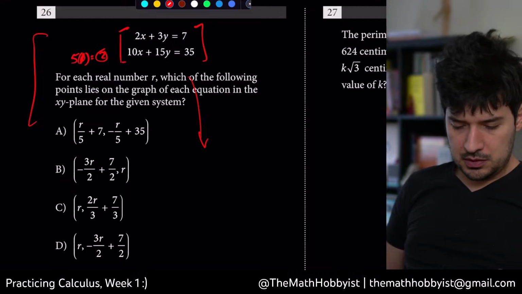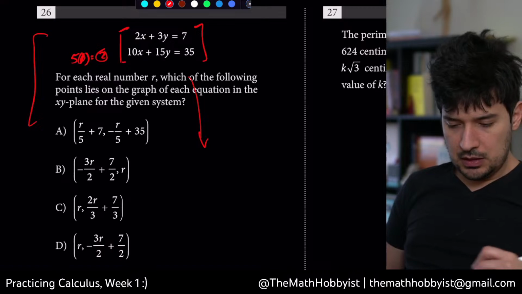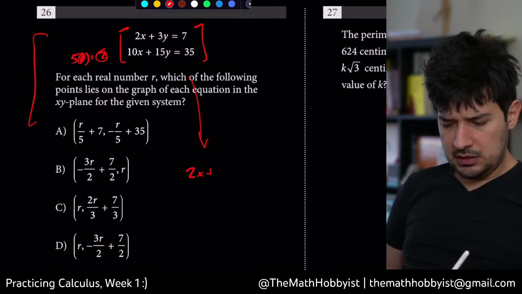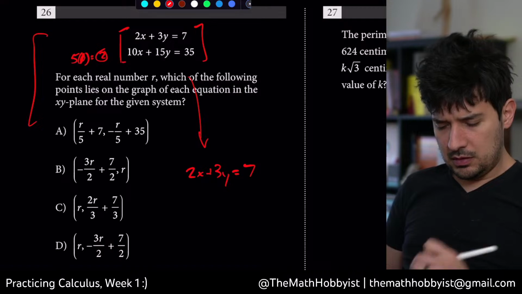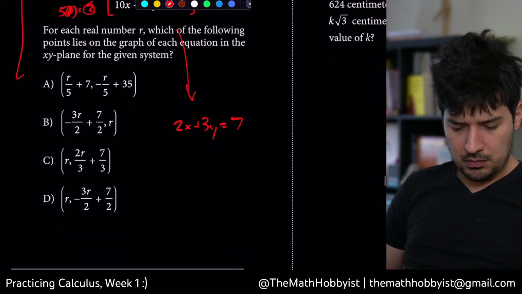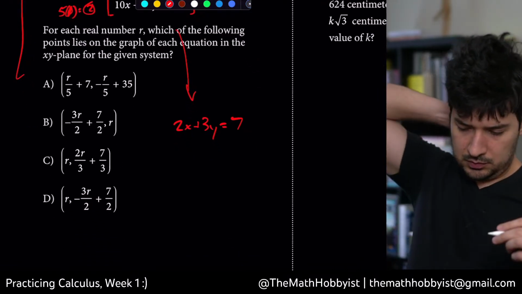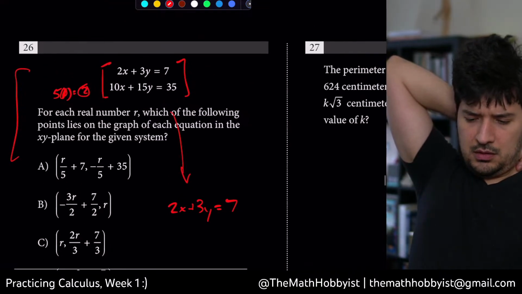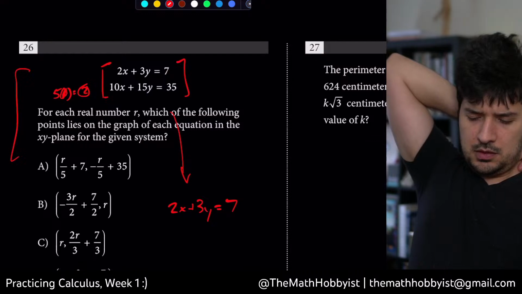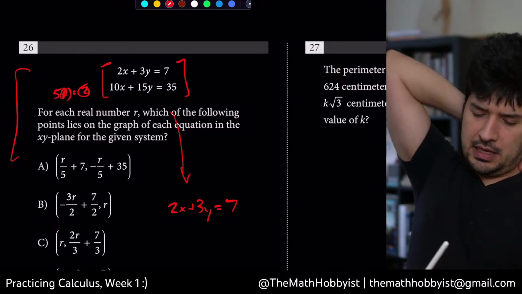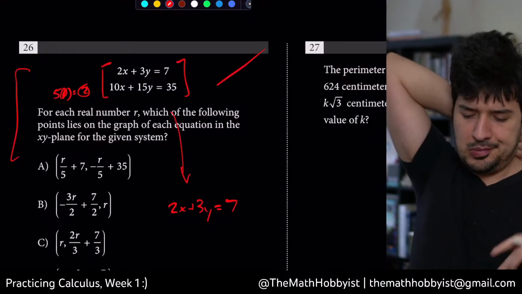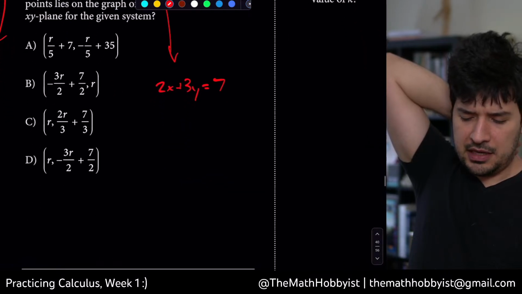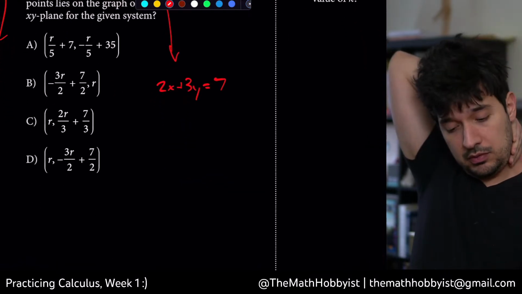Which of the following points lies on the graph of each equation in the xy plane for the given system? So we only need to solve one of them, because the two equations are equivalent lines.